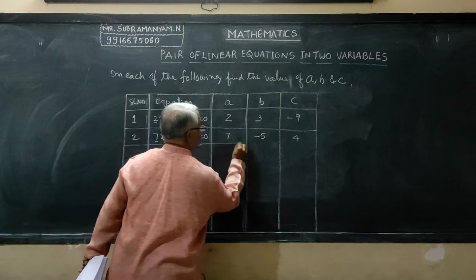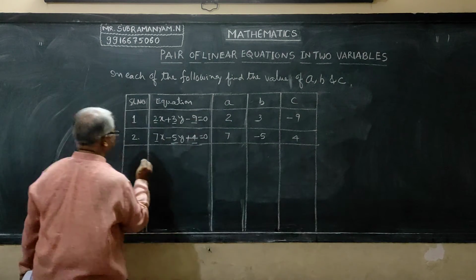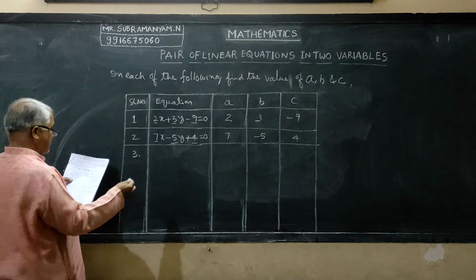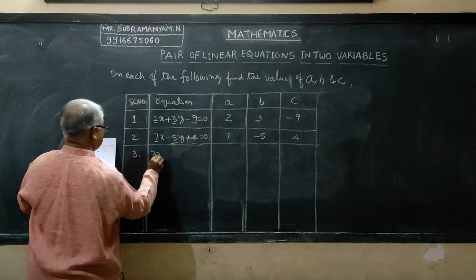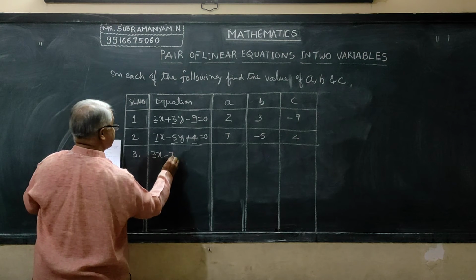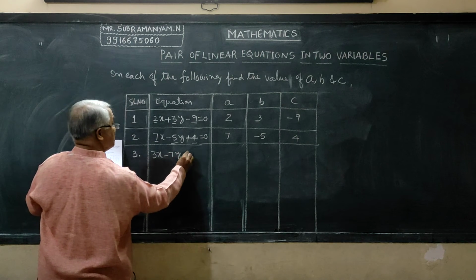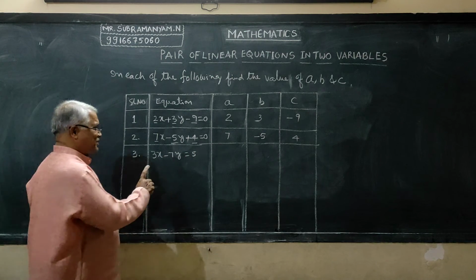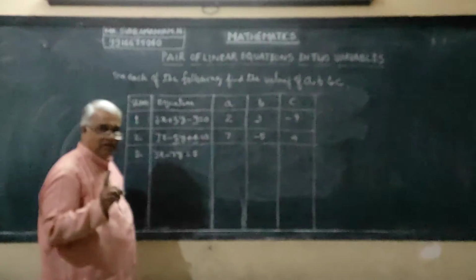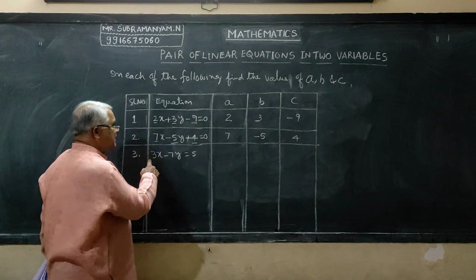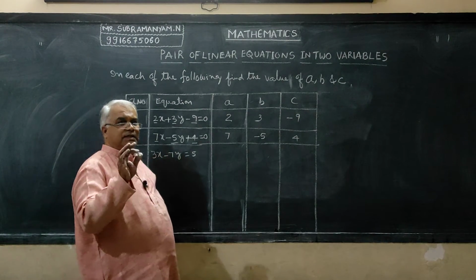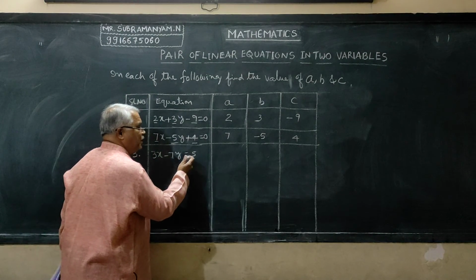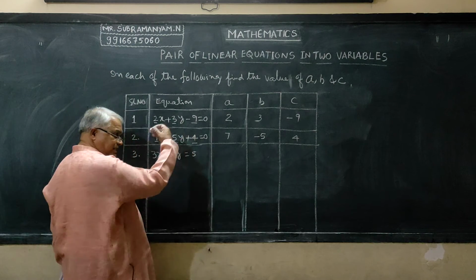Next equation. Third equation: 3x minus 7y equal to 5. You should be very careful, because this is not in the given general form. Plus 5 equal to 0, they have to transfer it.